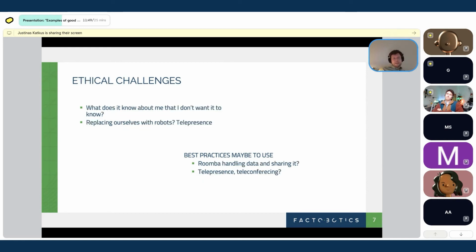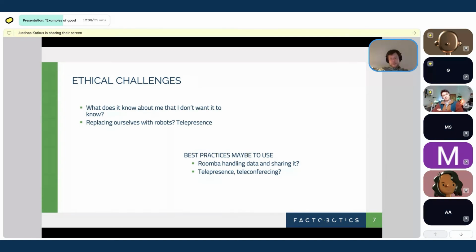Last section that I see, I'm not an expert in ethical issues, but I try to address a few here that I have seen. Especially if you have sensing systems which can collect different data, be it visual camera, sensor data, or whatever.